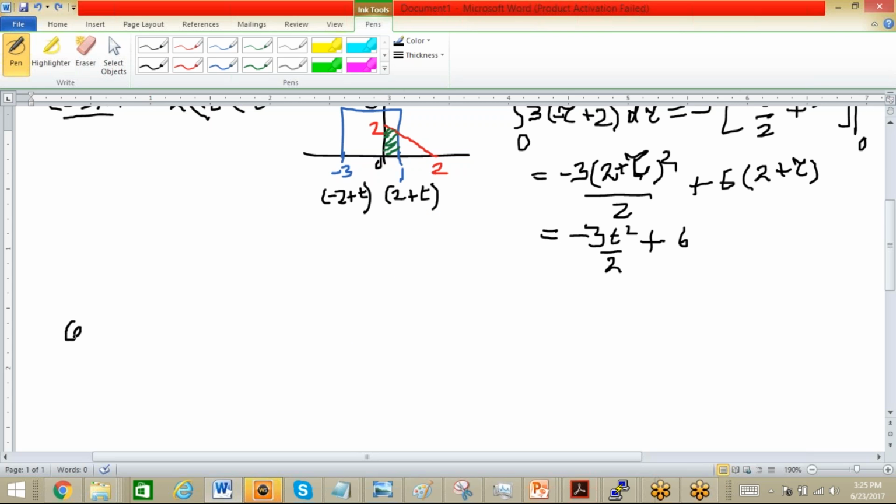Under this case, the condition is, let's say, 0 is less than or equal to t, and this t is less than or equal to 2. Okay, this is the case.